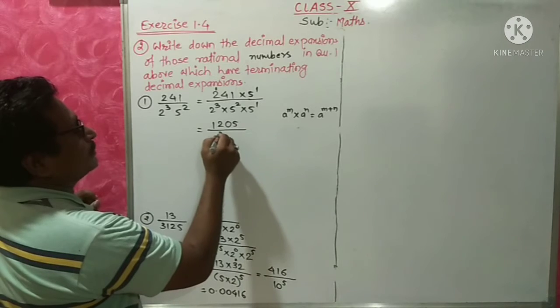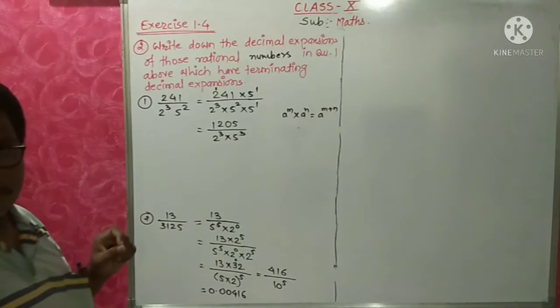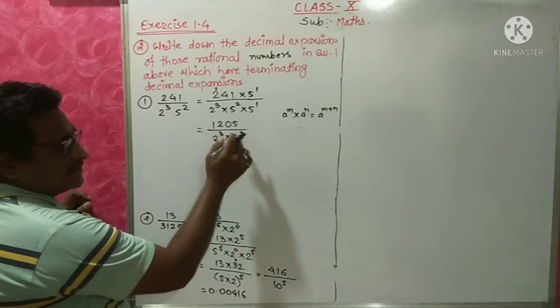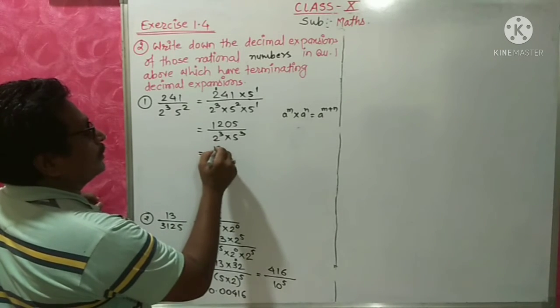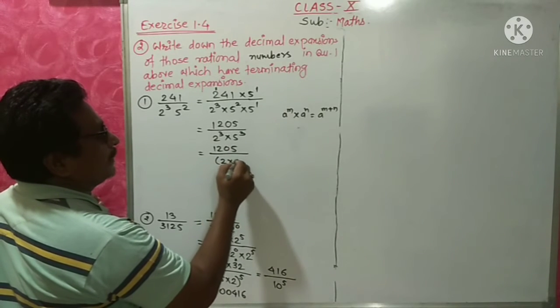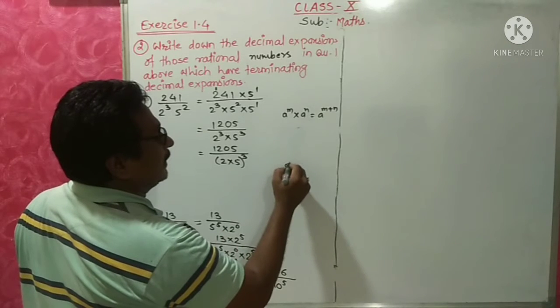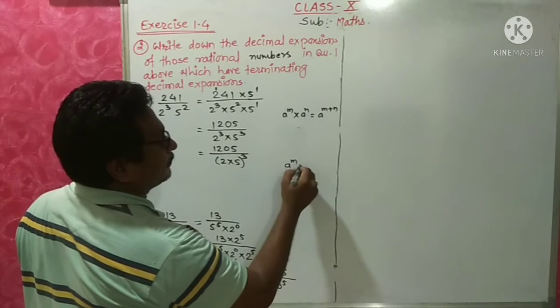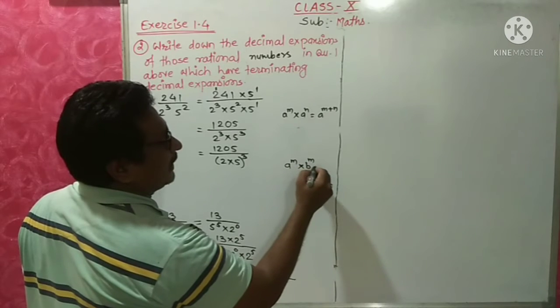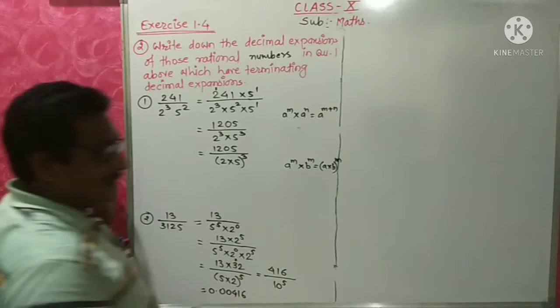And here 2 raised to the power 3, 5 raised to the power 3. So now both powers are the same. Now 1205 by 2 into 5 raised to the power 3. Which law do we use? a raised to the power m into b raised to the power m is a into b raised to the power m.